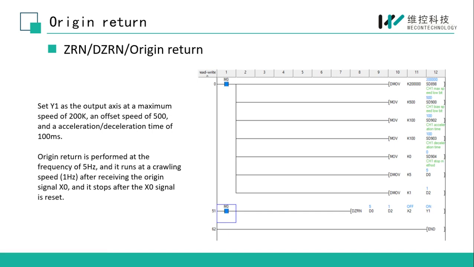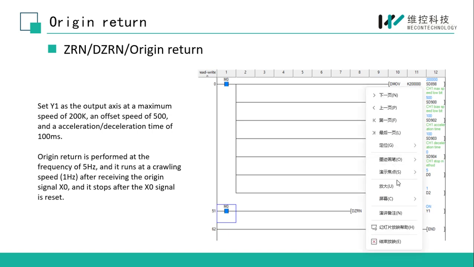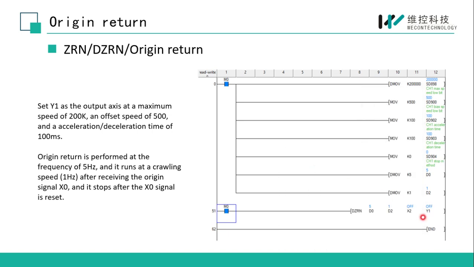When we trigger it, at first there's no origin signal, so it outputs 5 Hertz. Now it gets the signal, so it just outputs 1 Hertz. And if the near point signal disappears, the pulse will be stopped.